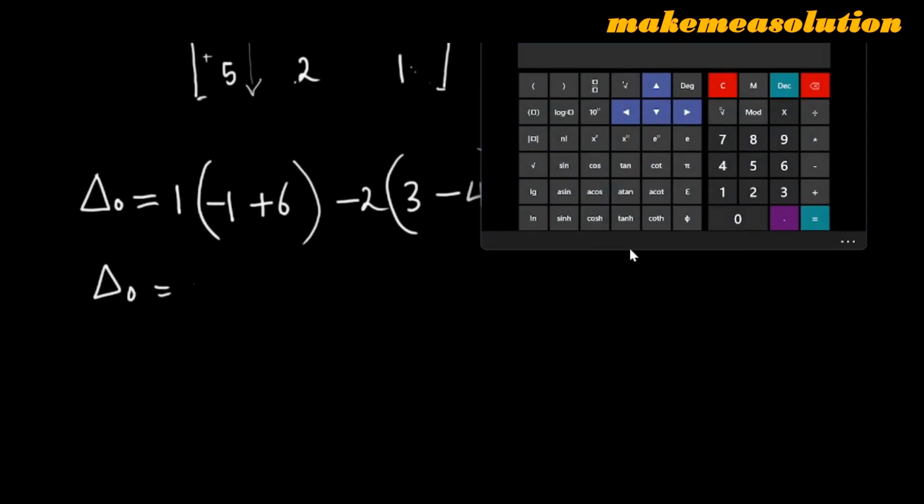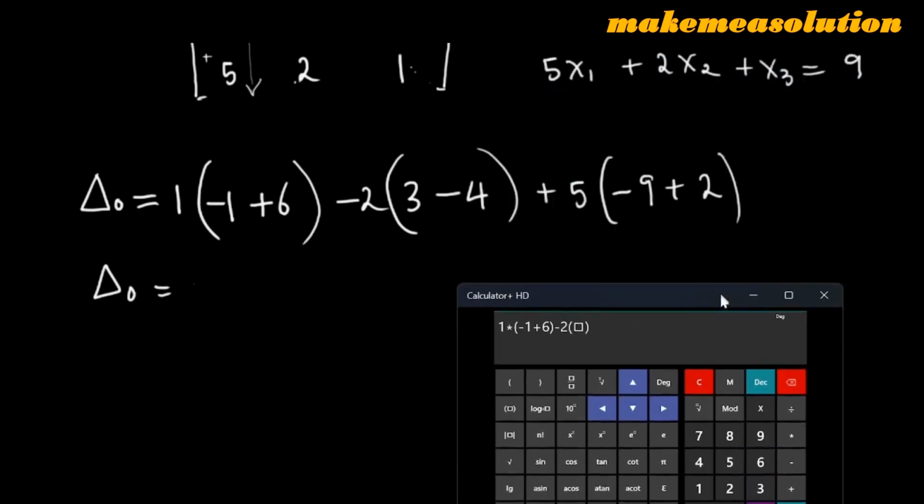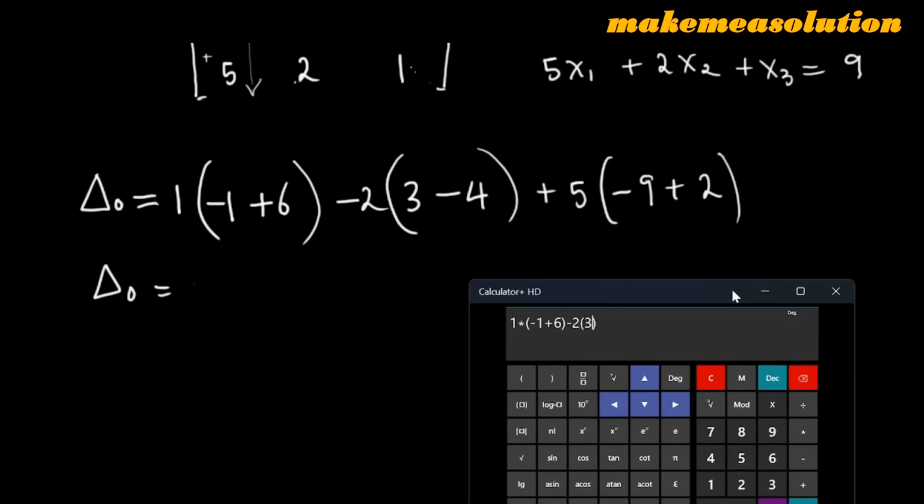So 1 times minus 1 plus 6, then you now have minus 2 into 3 minus 4, then you now have plus 5. I was supposed to put the times here, sorry. Plus 5 times minus 9 plus 2.